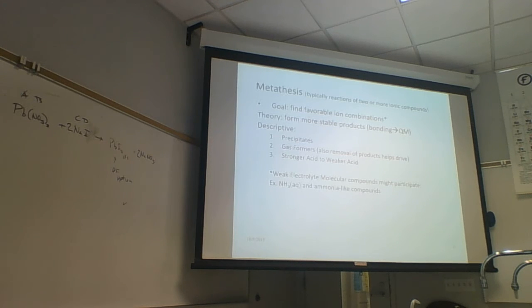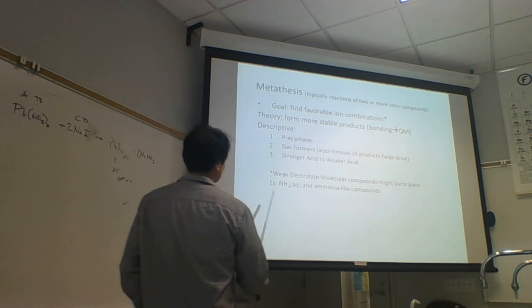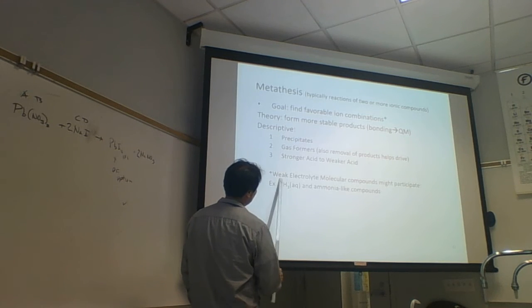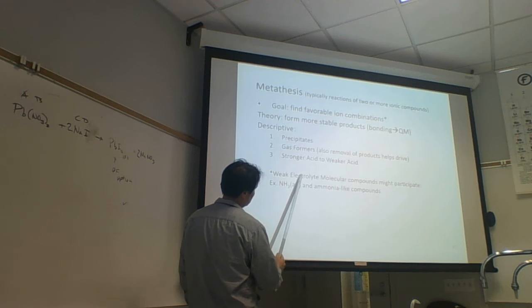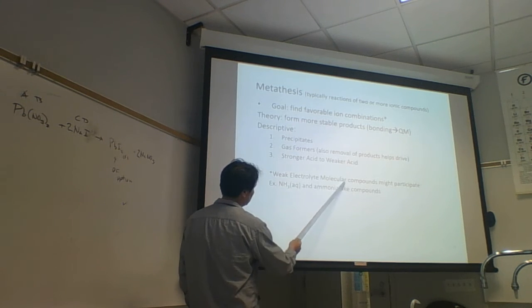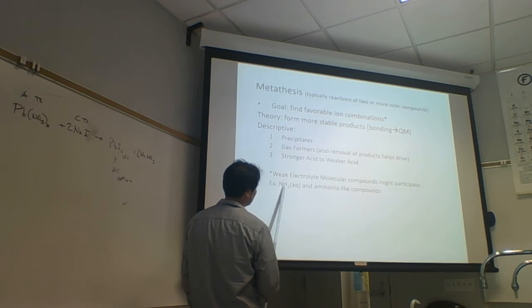Okay, when we look at metathesis, these are ion combination reactions, but some things, like ammonia, also react in metathesis reactions. These are called weak electrolytes. Electrolytes are salts. Salts create ions in water. So weak electrolyte molecular compounds might participate, like ammonia.